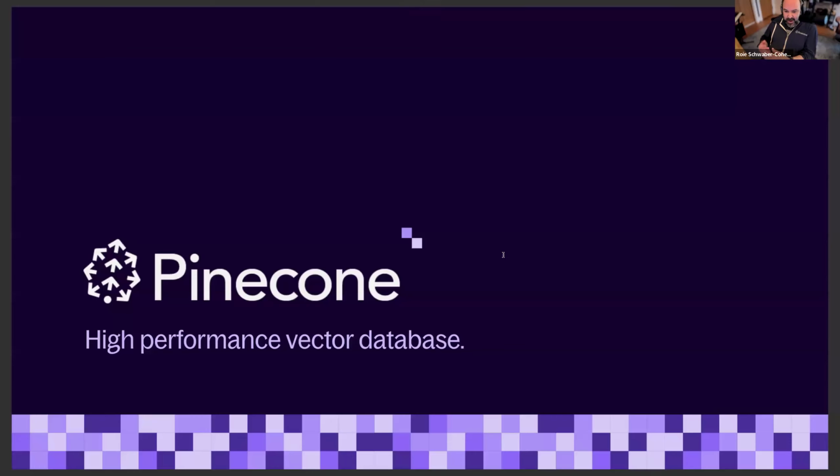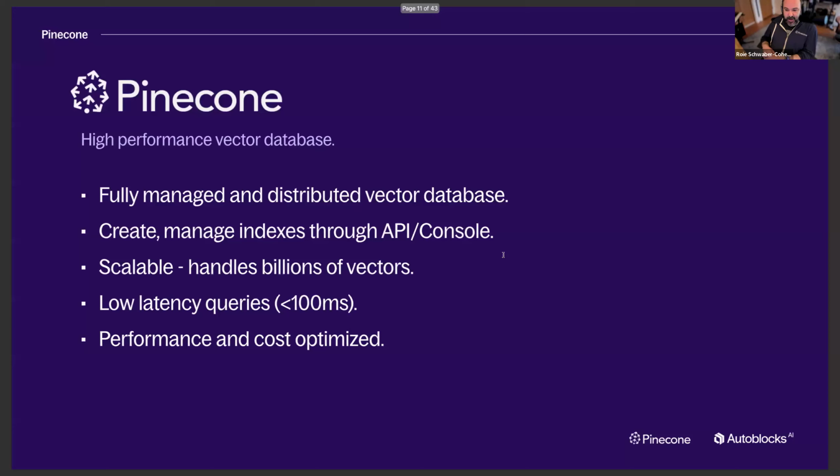Pinecone is a high-performance vector database. Its main goal is to allow us to manage our data at very high scale. And when I say high scale, I mean billions and hundreds of billions of vectors, while maintaining very low latency and optimized performance and cost.